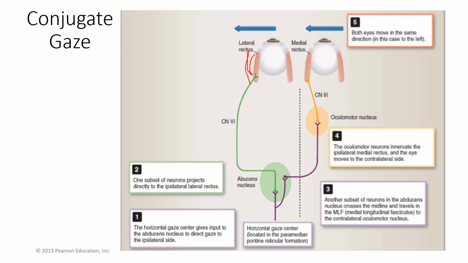And then number 3, another subset of neurons in the abducens nucleus crosses the midline and travels in the MLF. So that's that dotted line right here is the midline. You can see that it's in between the eyes. And between that abducens nucleus and ocular motor nucleus is the MLF, or that medial longitudinal fasciculus. Remember, this is full of white matter, and this is a common area that gets demyelinated in our multiple sclerosis patients.